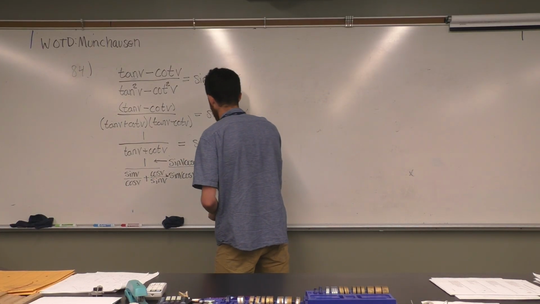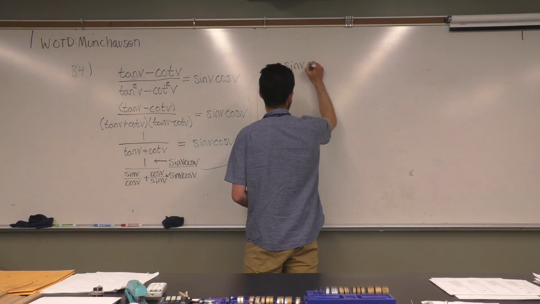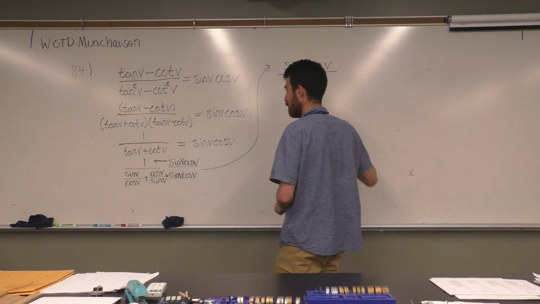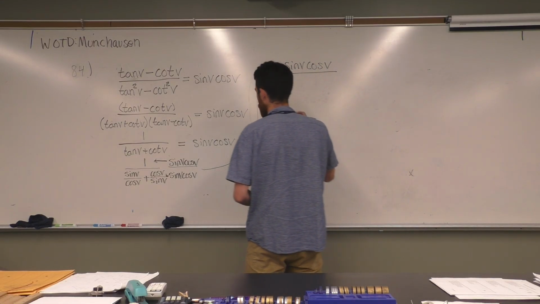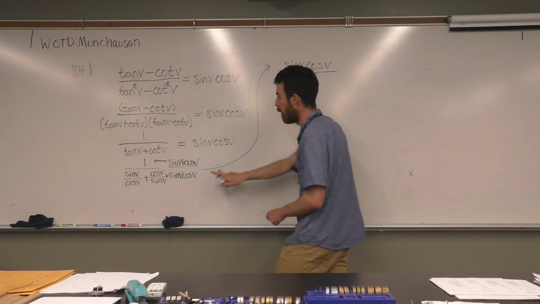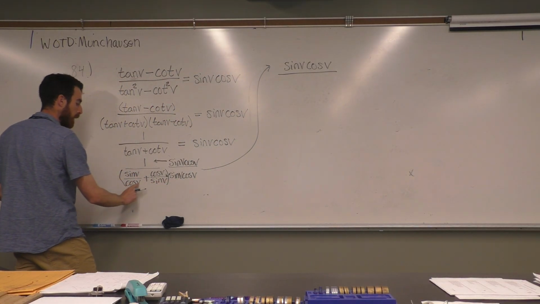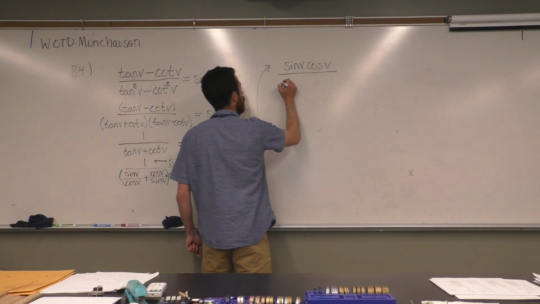So in the numerator there, we get sine of v times cosine of v. And in the denominator there, well, when I multiply, I'm distributing. So in this first multiplication, the cosine of v will cancel, and I'll get sine squared of v.